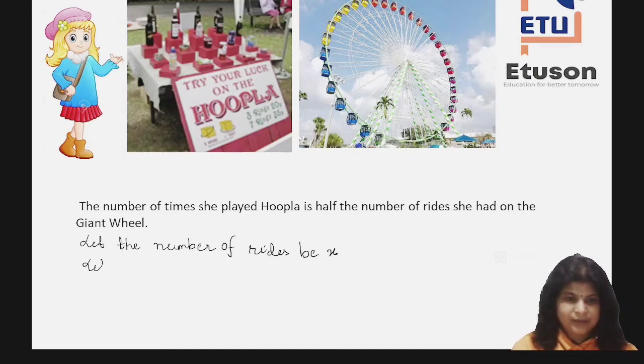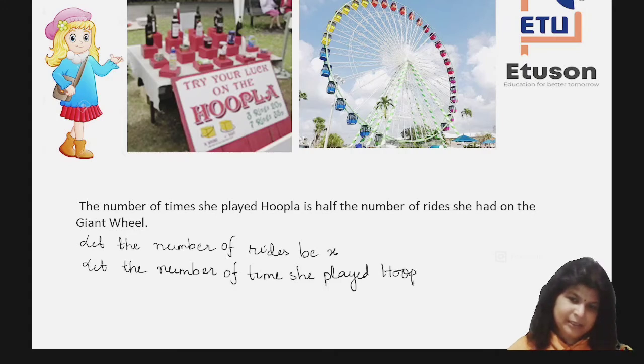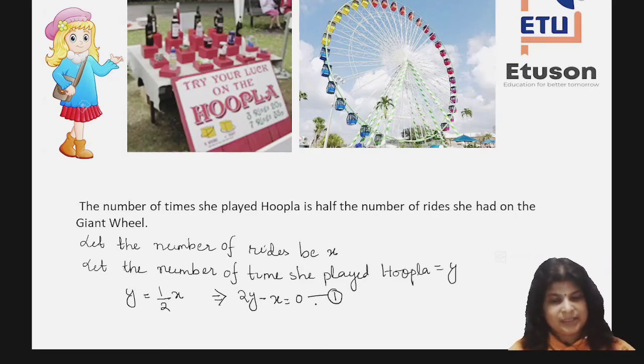Then the number of times she played hoopla be y. Now according to the constraint, y is equal to 1 by 2 x. That means 2y minus x is equal to 0. So this is your first equation.